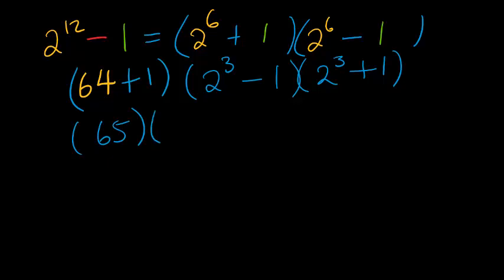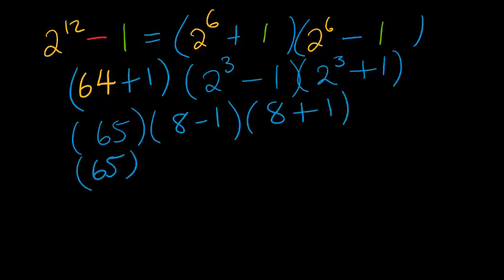2 to the 3 is 2, 4, 8. So 8 minus 1 and 8 plus 1. So this is 65 times 8 minus 1 is 7, and 8 plus 1 is 9.